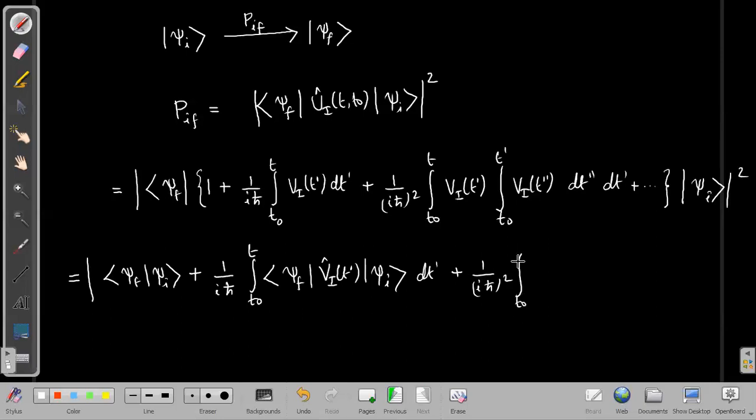integral from t0 to t of the inner product of psi f, VI at t', then the integral from t0 to t' of VI at t'' psi i dt'' dt', and mod square, plus etc., mod square.